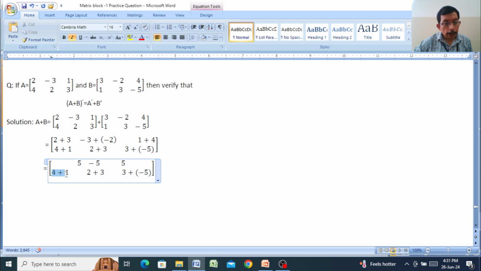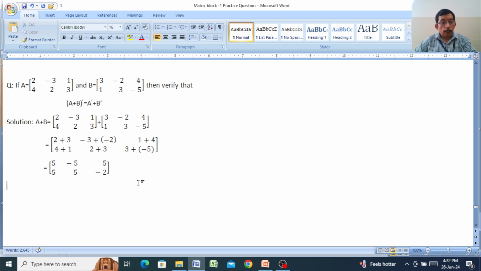Note down 5 in the similar place. 2 plus 3 is 5. Note down 5 in the same place. 3 minus 5 is minus 2, in the same place. Now this is A plus B.